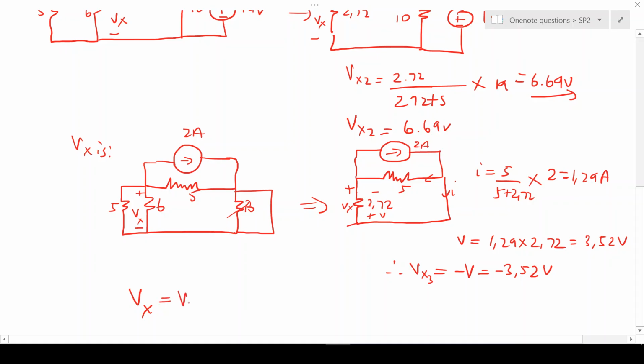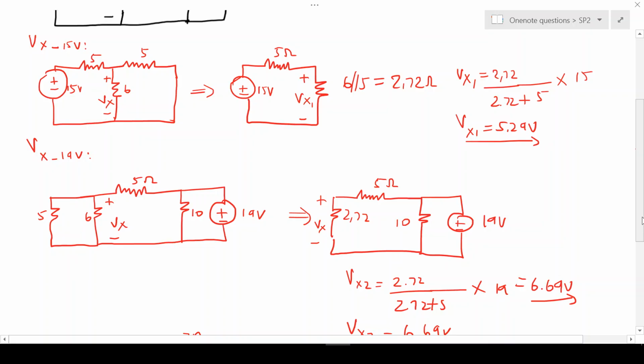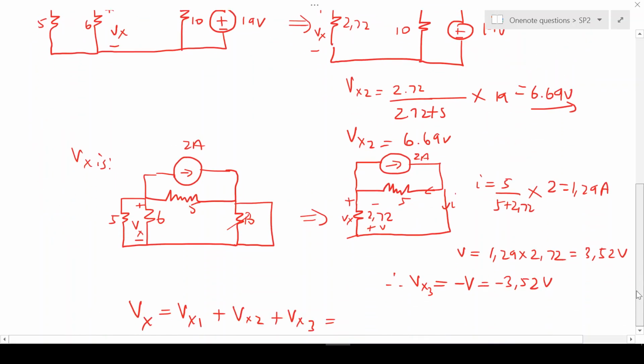My final step would be to add all of these values together. So Vx is going to give me Vx1 plus Vx2 plus Vx3, which is going to be 5.29 plus 6.69 plus the negative 3.52.